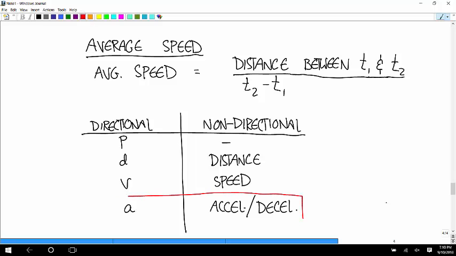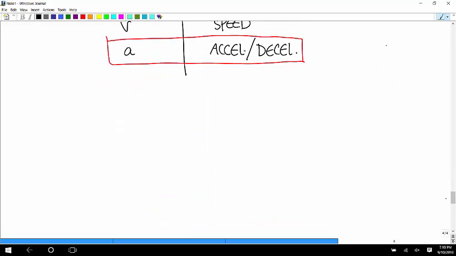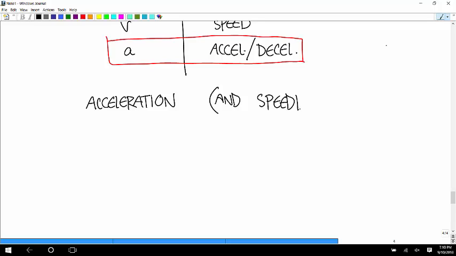That's the last one. Okay, so let's say acceleration and speeding up and slowing down.